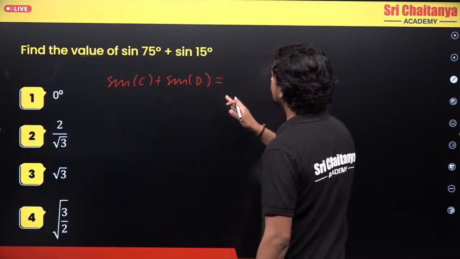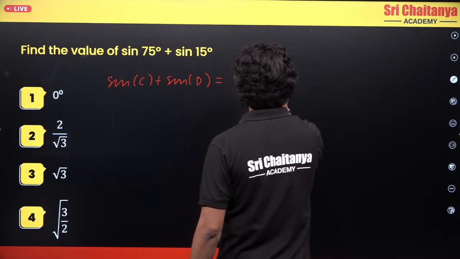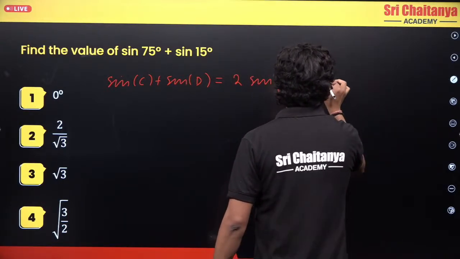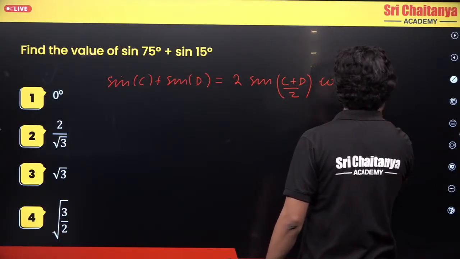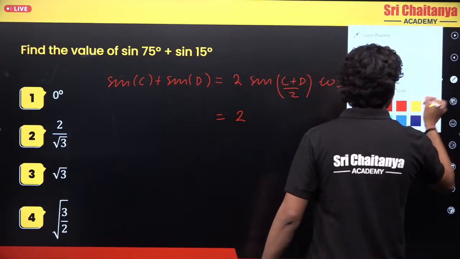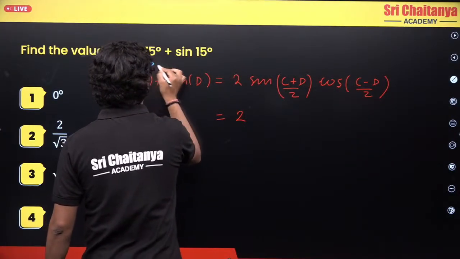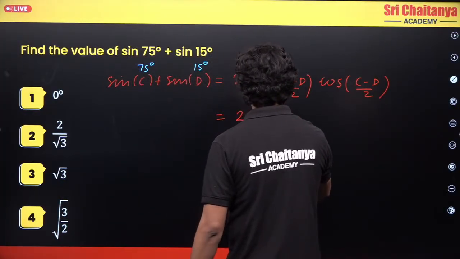Sin C plus sin D is 2 SC. So I'll use 2 sin C plus D by 2 cos of C minus D by 2. Right? So what do I have? I have 2 now. What is this? This is 75 and this is 15 degrees.